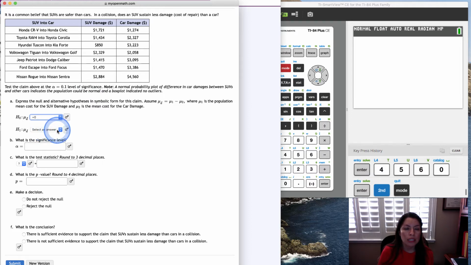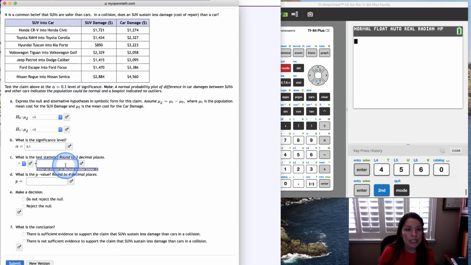This means the result is going to be a left tail test, because the SUV is mu sub 1 and that's going to be less than mu sub 2. The level of significance is given to us as 0.1, so we'll go ahead and put that.